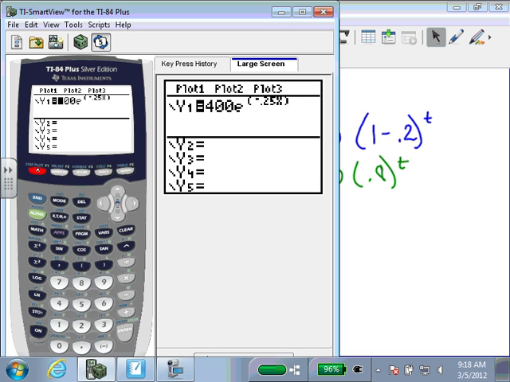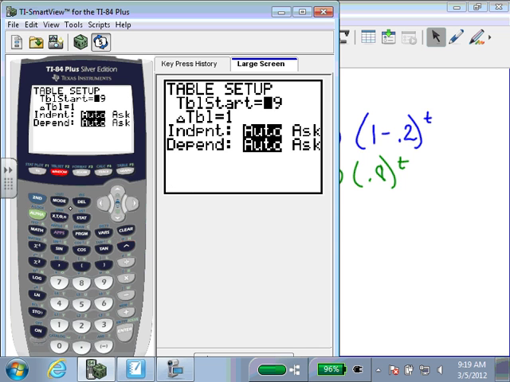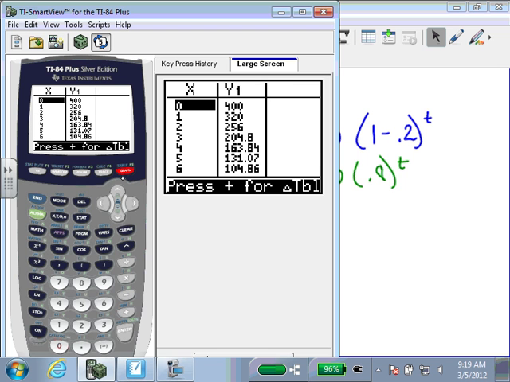Okay, so let's take the annual model and see how that's also showing that we're losing value. So 1 minus 0.2, which I know is 0.8, raised to the x power. And I'm going to start my table again at 0. So let's take a look at our table. Again, it's showing when you buy it, it's worth $400.